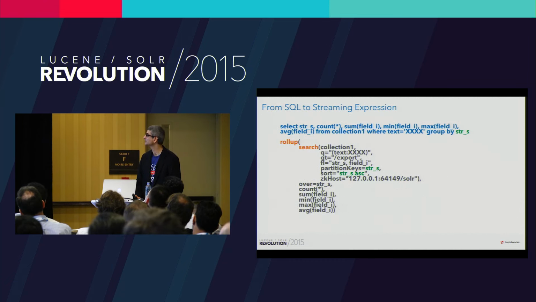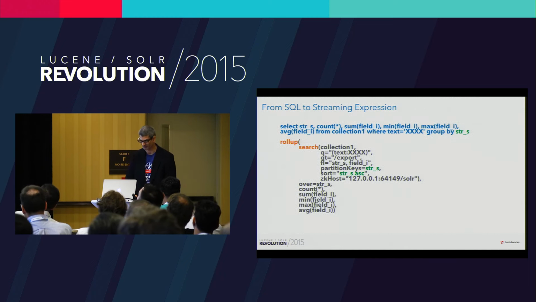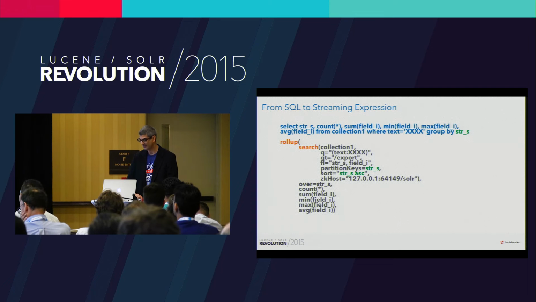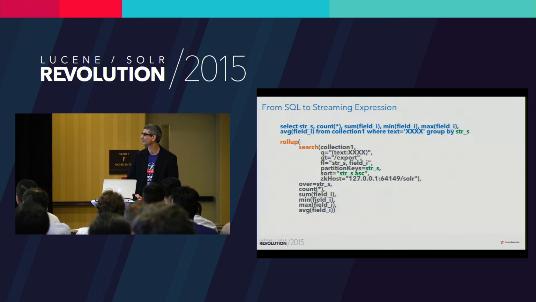Okay, so here's a nice little slide that shows a SQL statement being translated to a streaming expression. You can see that this is a group by aggregation statement, and it becomes two expressions. There's a search expression, and then the search expression is decorated by a rollup expression.